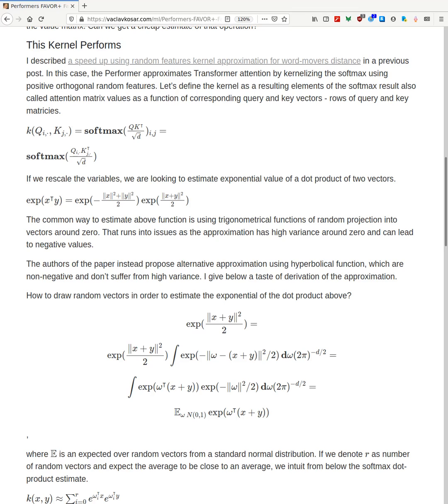That's the trick with the kernels. So if we ignore rescaling, we can look at the softmax as the exponential of the dot product of x and y. We can rewrite this into the exponential of the sum of squared norms times the exponential of the squared norm of x plus y.